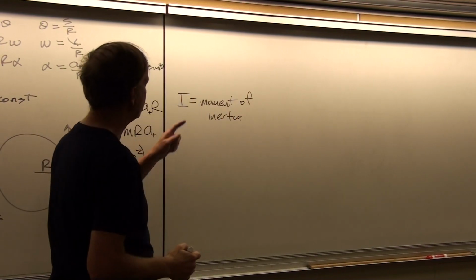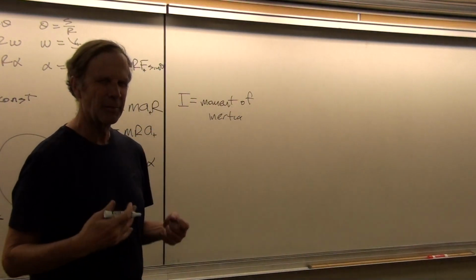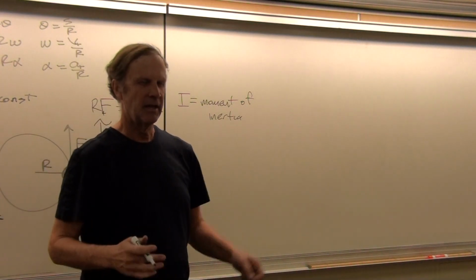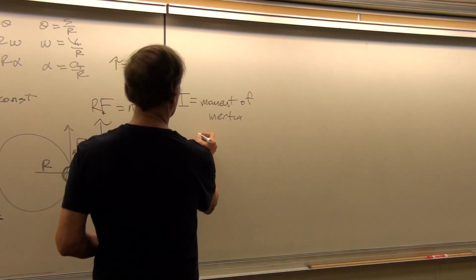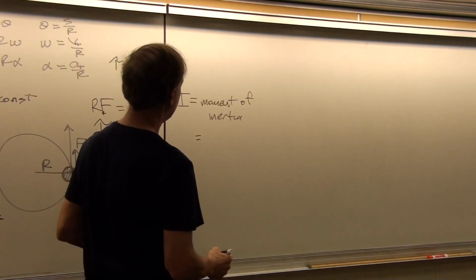So inertia then, we know, is representative of some kind of a change in speed of some sort. In this case, it's our resistance to changes in spin rate.